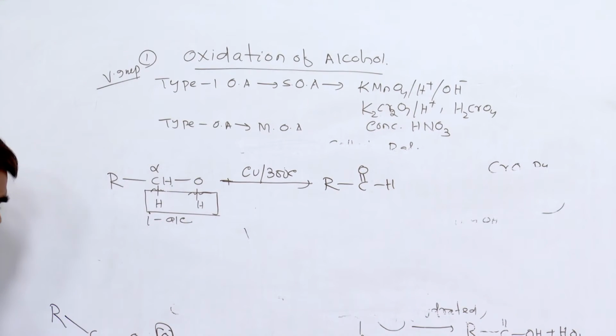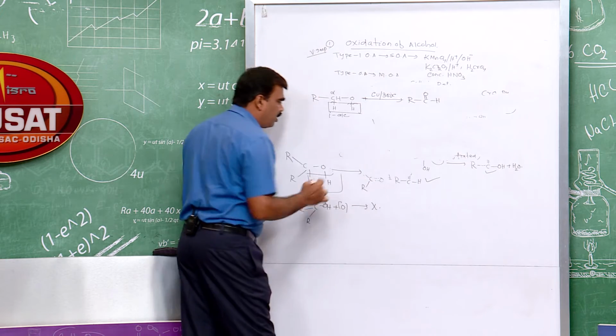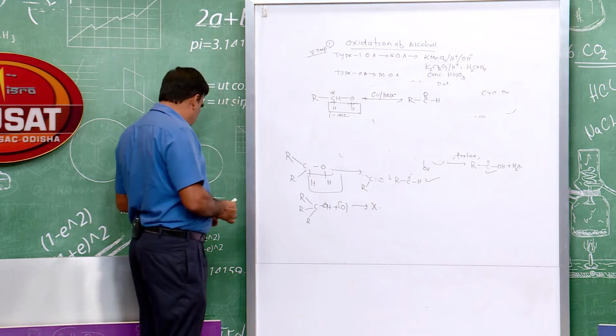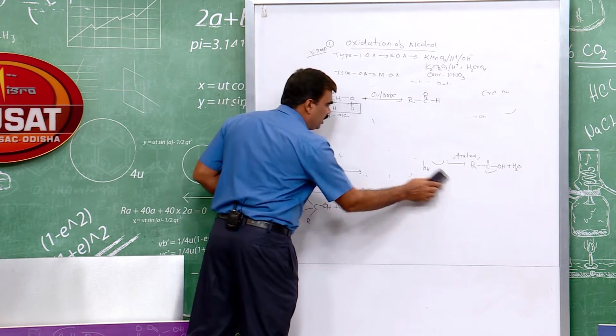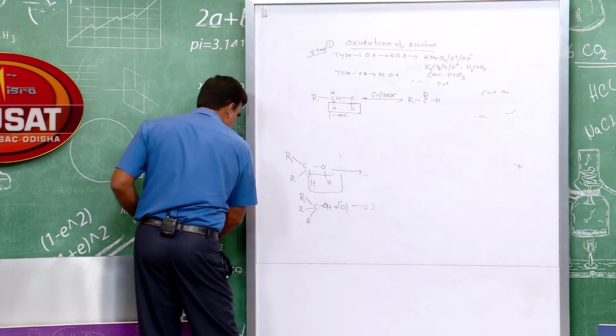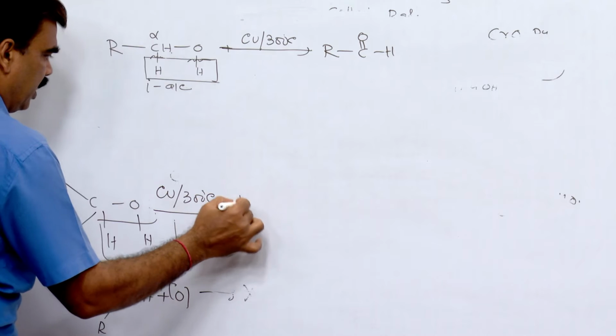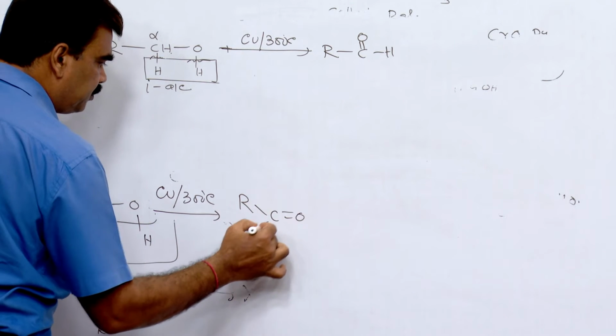Similarly, in case of secondary alcohol, here there is no oxygen or nascent oxygen supplied by any oxidizing agent. When you heat it with reduced copper at 300 degrees Celsius, you get ketone, right?